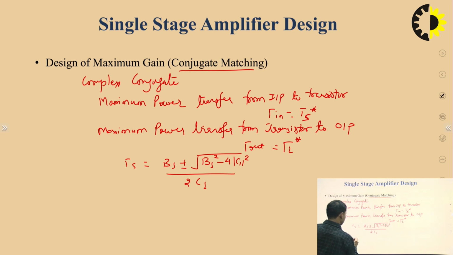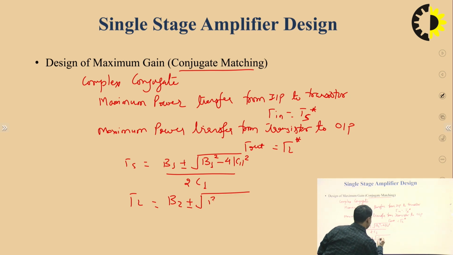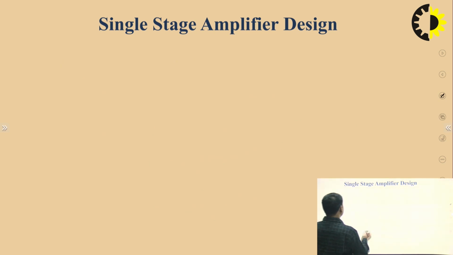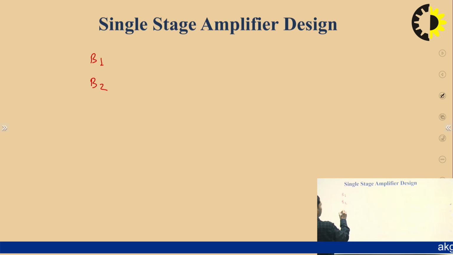So we get rho s and rho L, that is B2 plus minus the square root of mod B2 square minus 4 mod C2 square, divided by 2 C2, where B1, B2, C1, C2 are the coefficients.